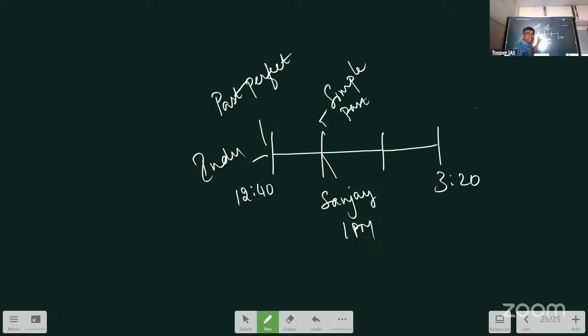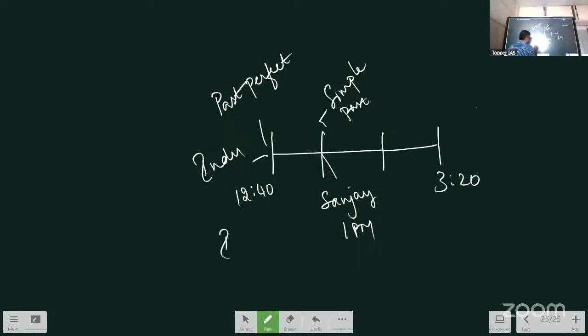So instead of writing two sentences, like Indu came at 12:40, Sanjay came at 1 p.m., I can club it and make one sentence. What should I ensure when I do that? The first action must be in past perfect, second action must be in simple past.